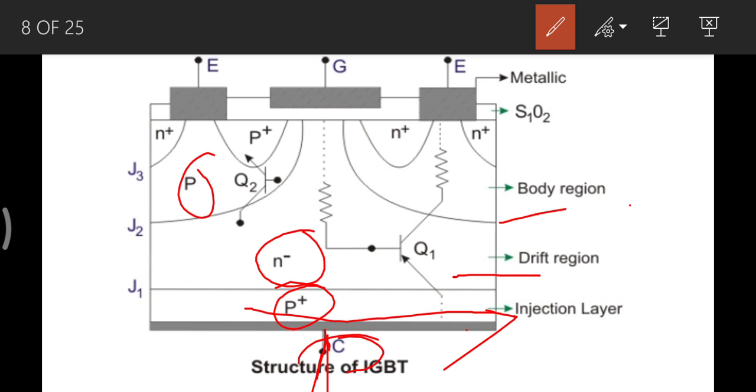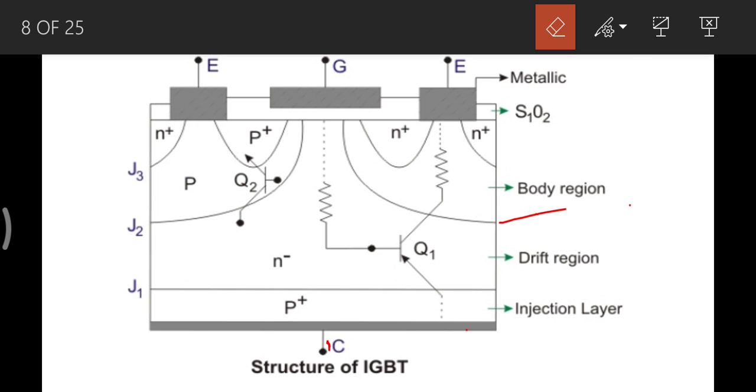So junction J1 is in between the N minus and P plus layers.